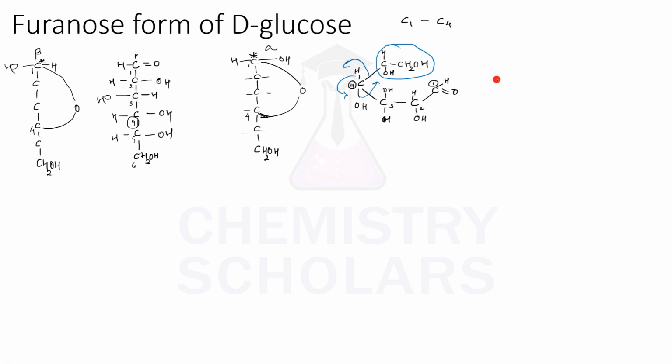Okay, so after orientation, what will be formed? Let's orient it first. So here you get, let's write first the C, that is the fourth carbon atom. Then you can go for the third, second, and this is your first carbon. So first carbon, what is there? Aldehyde group.